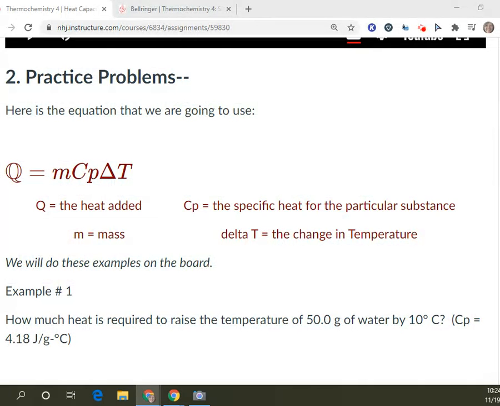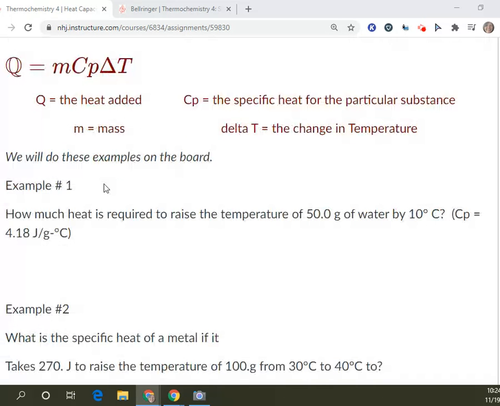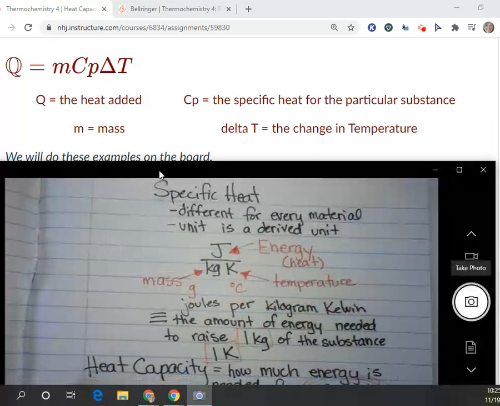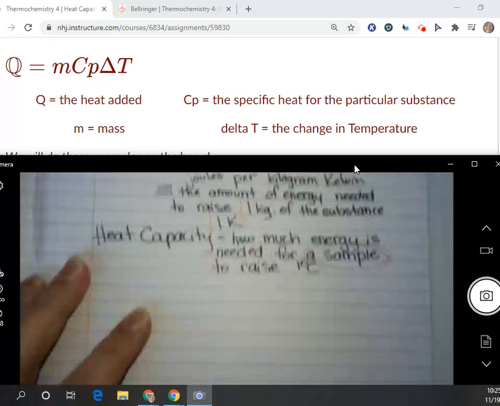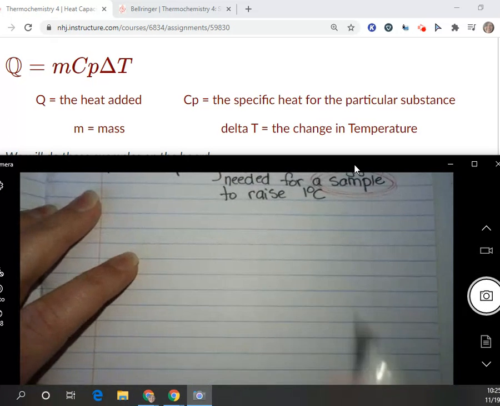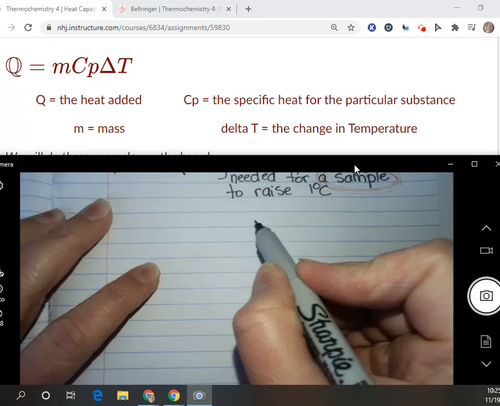All right, so let's go ahead and look at the equation that we have. I'm going to encourage you to go ahead and write this in your notebook. I'll show you what I write on mine, but you need to write the equation and what each of those variables mean. So go ahead and do that.